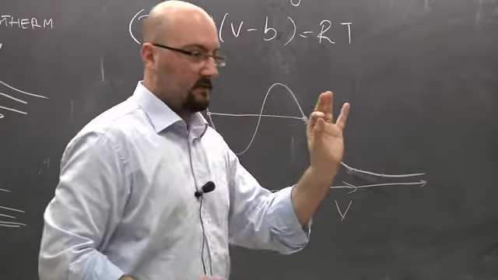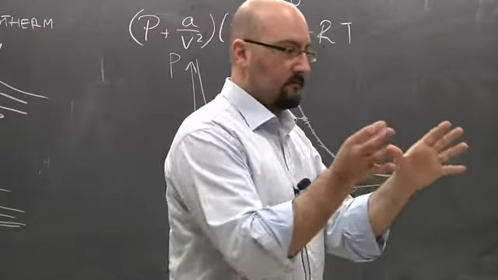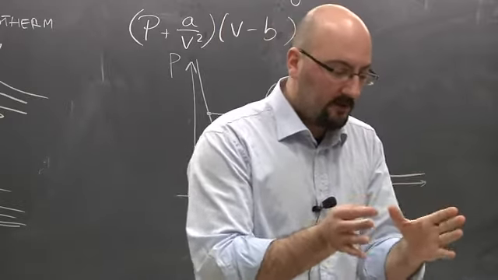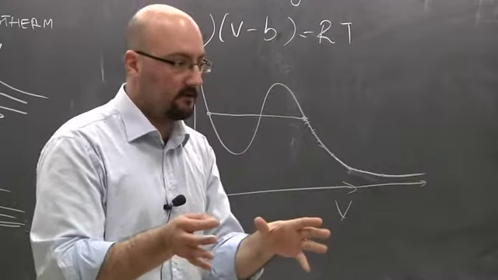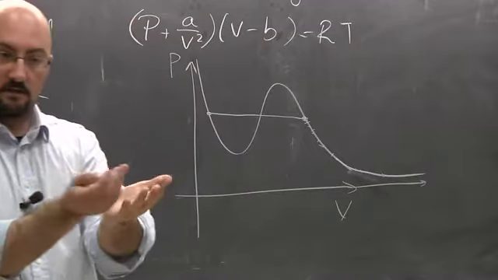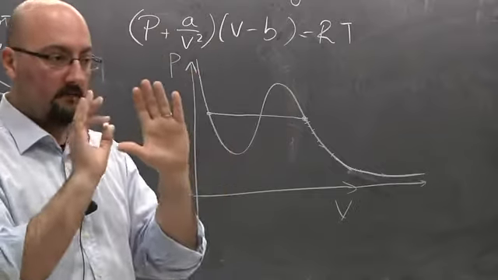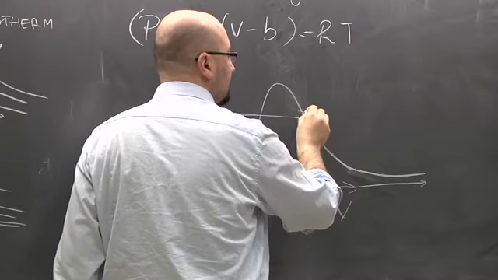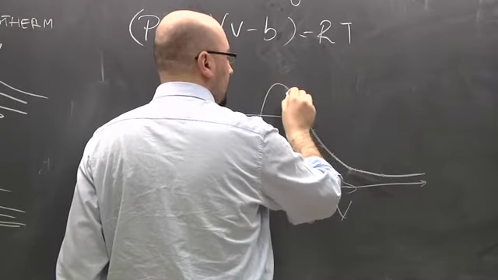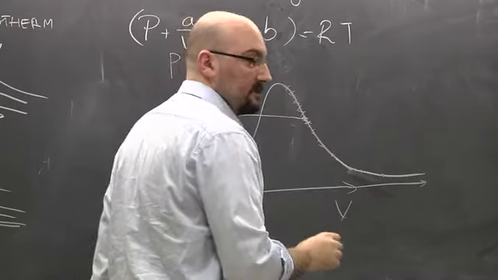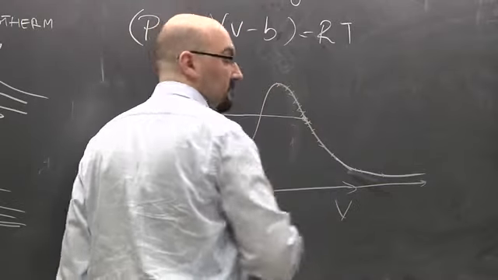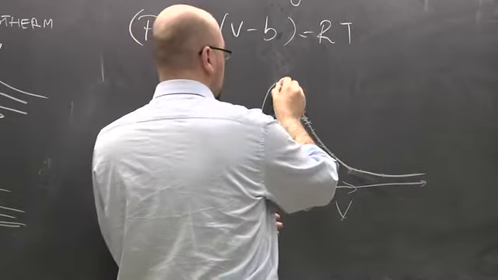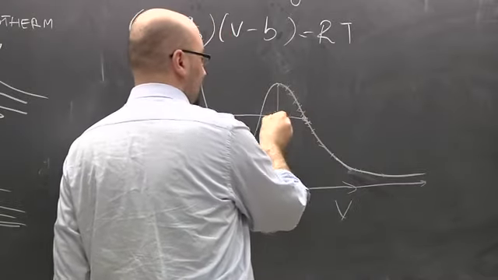If you are very careful and you prepare your gas in a very clean container with very smooth boundaries and so on and so forth, then you can keep 100% of your substance as a gas until you reach here, and then the system collapses and goes back to this line.